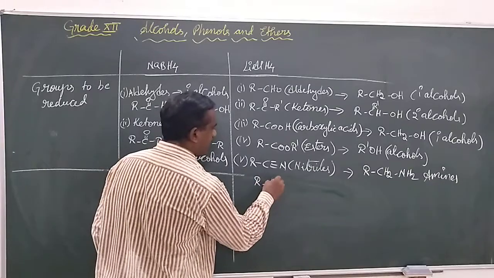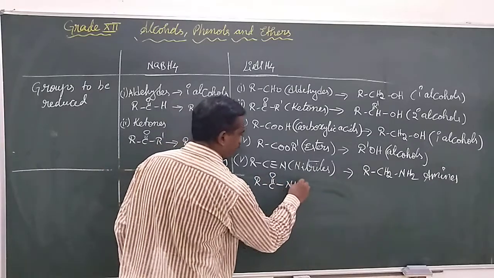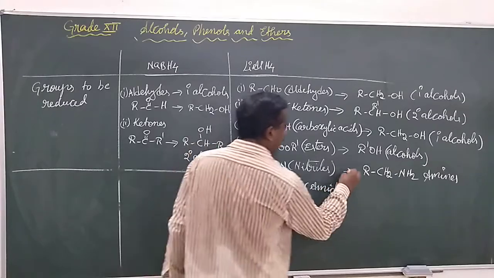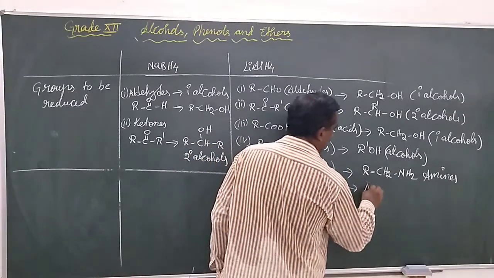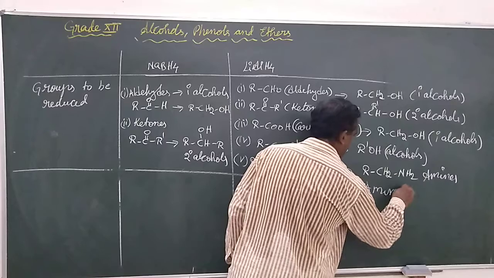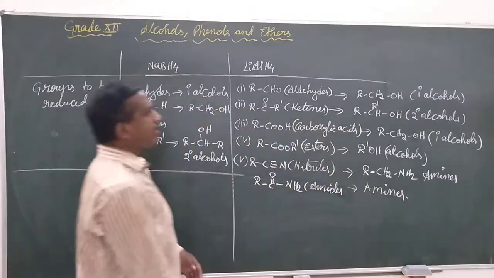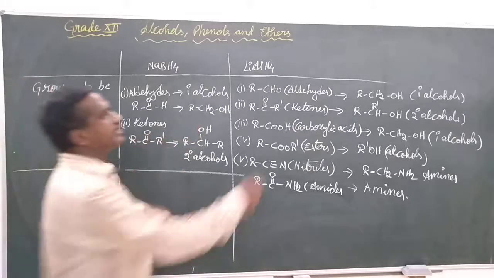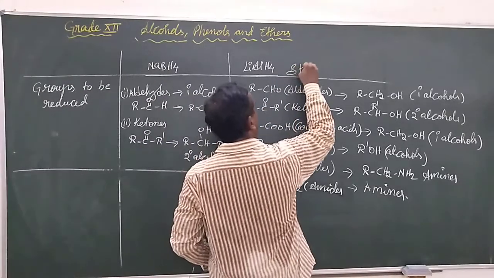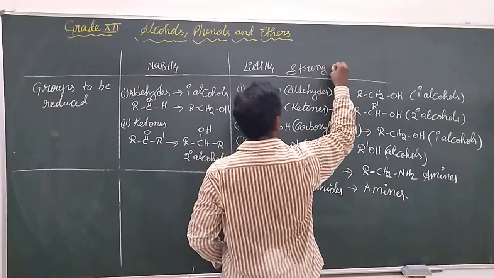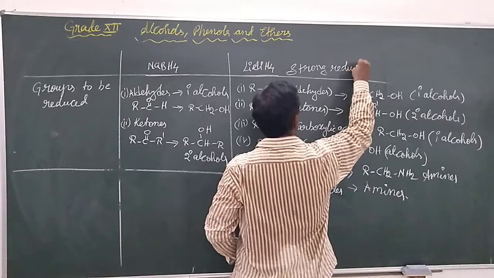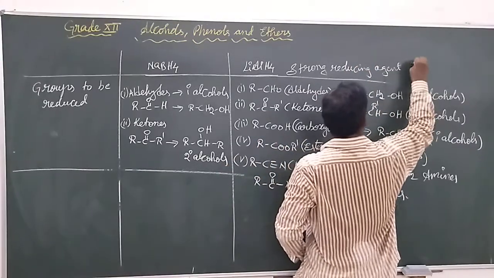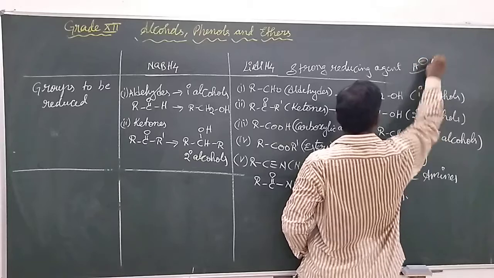The amides are also reduced into the amines. So these are the main functions of lithium aluminum hydride, as this is the strong reducing agent that can easily lose the H minus ion.